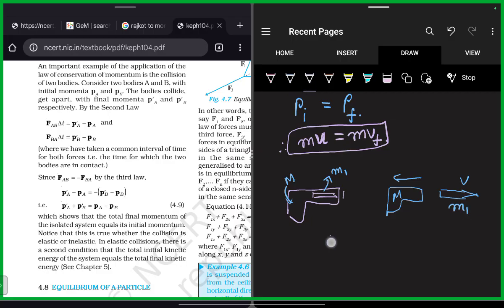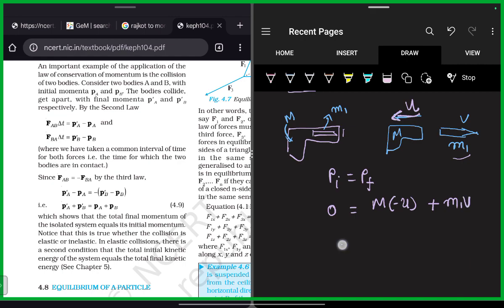If we apply conservation of momentum, initially the momentum was zero because there was no velocity. But after firing, this gun recoils backward with velocity, let's say u. So final momentum will be M multiplied by minus u. Why minus? Because the recoil of this gun is in the left direction, plus the momentum of this bullet, that would be m1v.